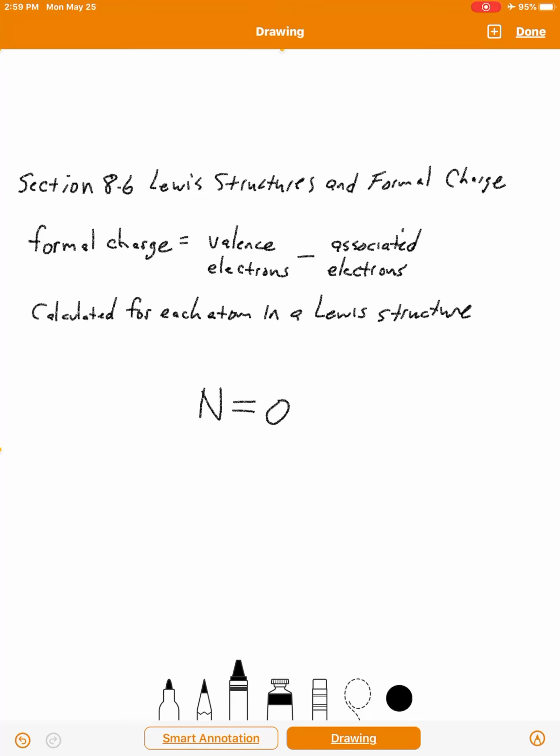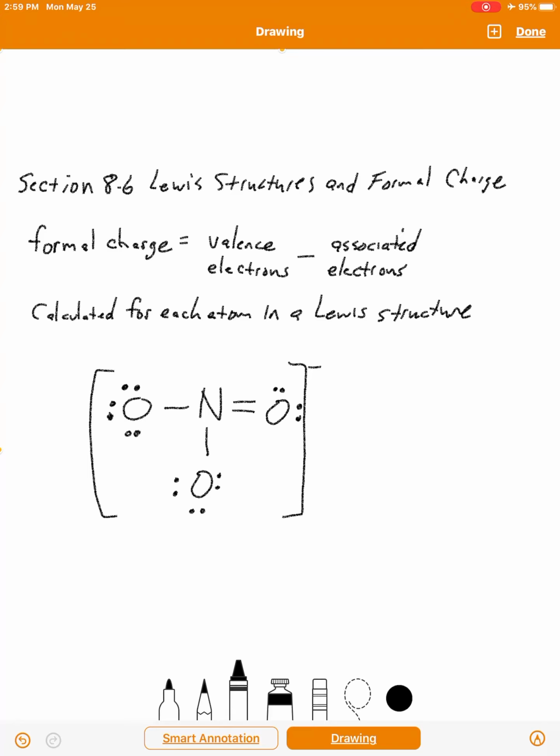This is the nitrate ion. Remember we use brackets to indicate that it's an ion. You'll be able to identify the formal charge calculations.